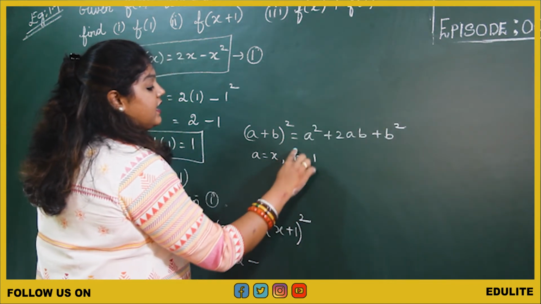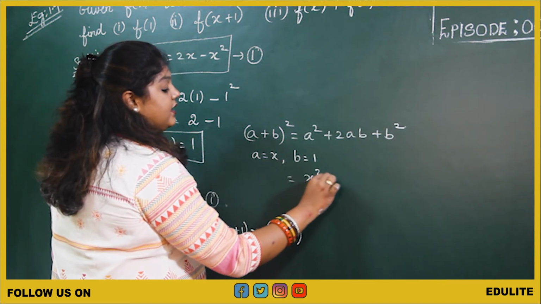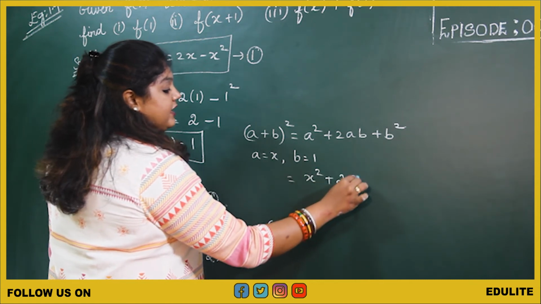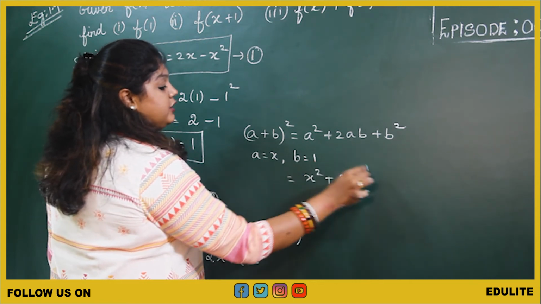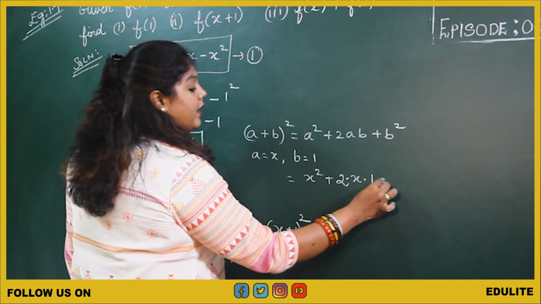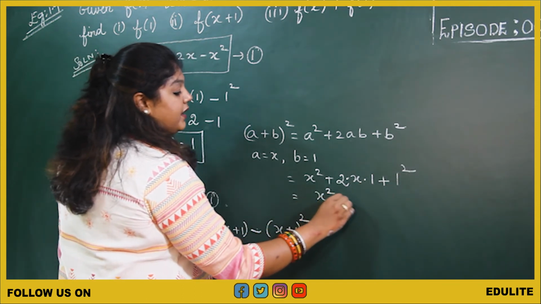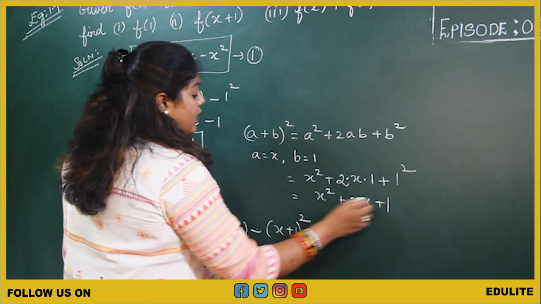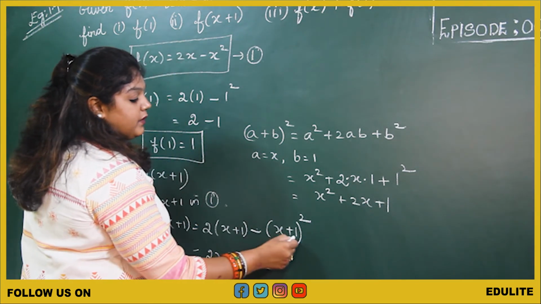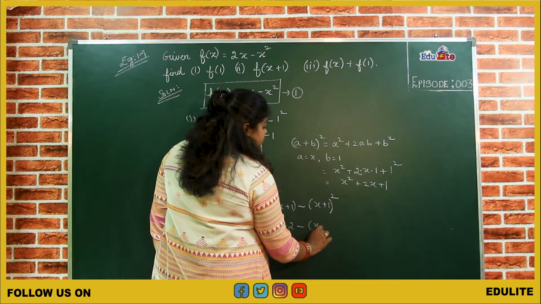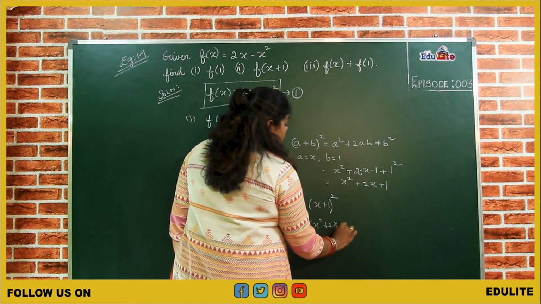What will we get? A square means x square, plus 2 into a value x and b value 1, 2 into x into 1, plus b square is 1 square, it will become 1. Therefore, x square plus 2x plus 1. So, x plus 1 whole square is expanded as x square plus 2x plus 1.